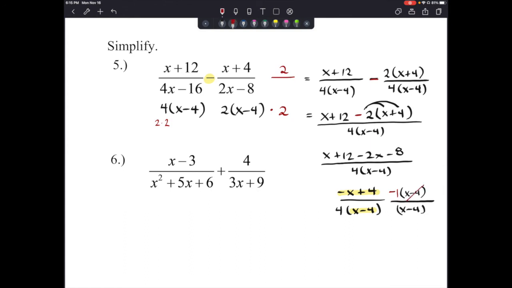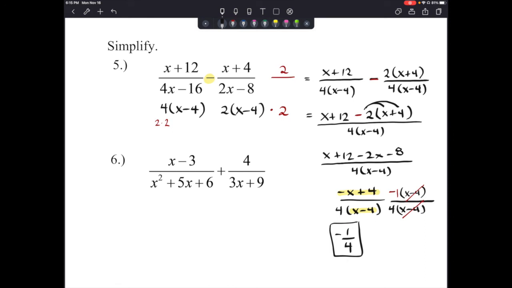That is going to cancel with that. And I'm sorry, I forgot to write my 4 in there. That 4 is still there. And it looks like all that's left there is going to be a negative 1/4. And that would be our answer. So remember, we're not solving for x. There's x's in it. We're just trying to simplify our answers down as much as we can.